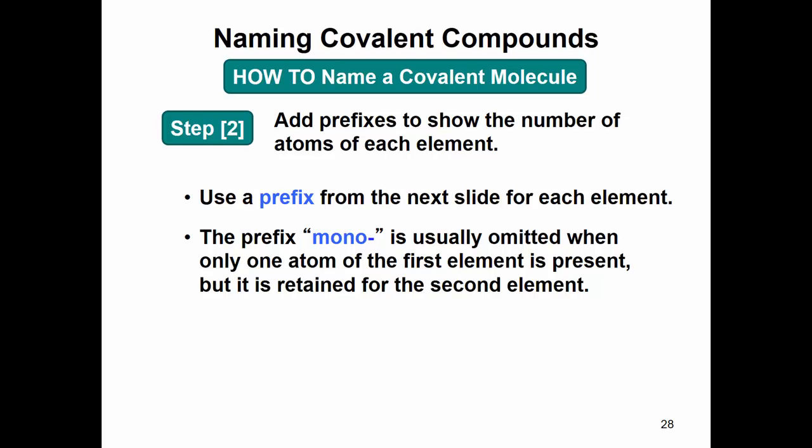Mono stands for one. But for the second element, for instance carbon monoxide, most of you have heard of that. There's only one carbon, so you just say carbon. You don't say monocarbon.